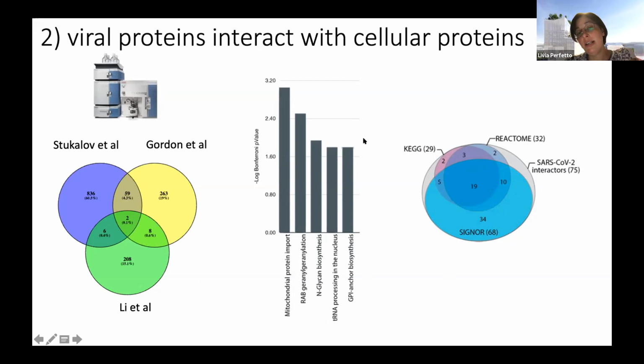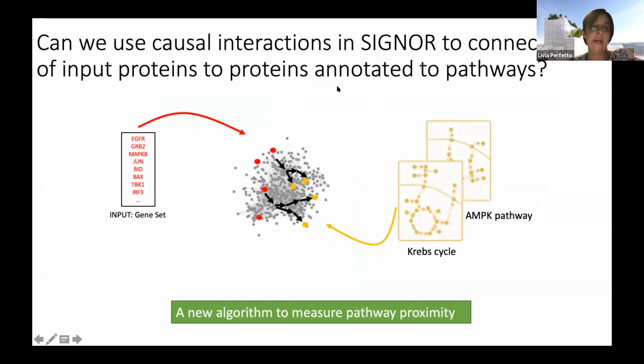This occurred because only 40% of these proteins have an annotation in KEGG and Reactome. So we thought that by integrating this information with the causal interactions in SIGNOR, we could obtain a new algorithm to measure pathway proximity.